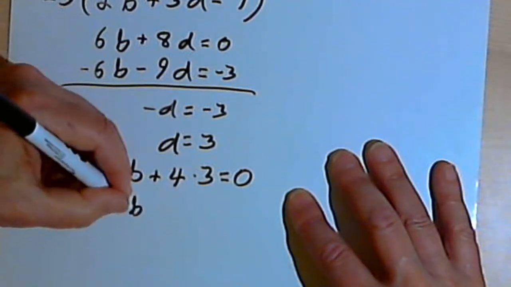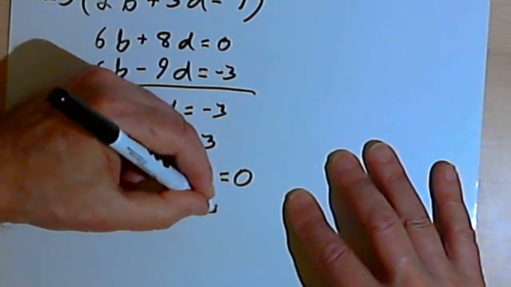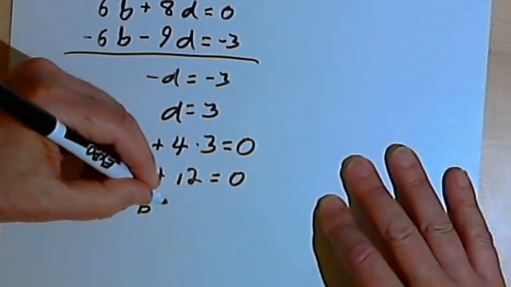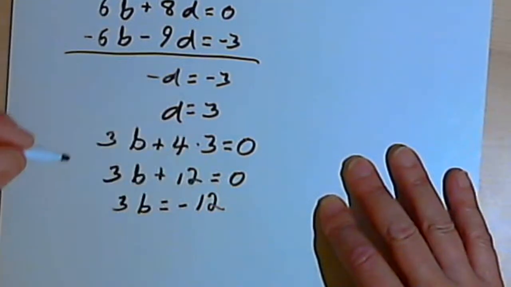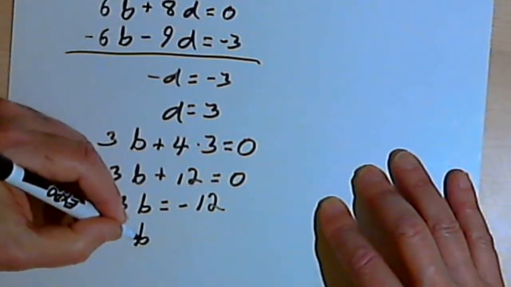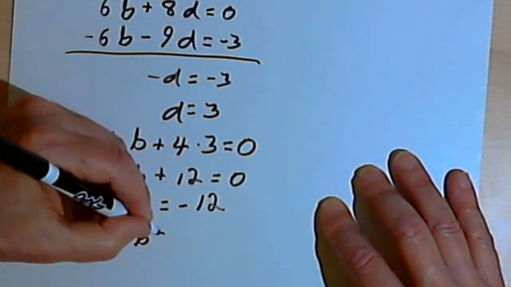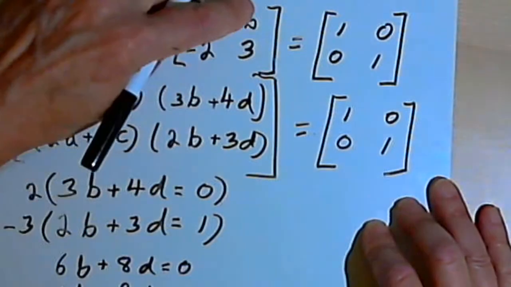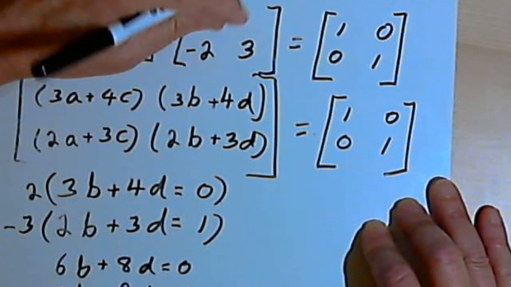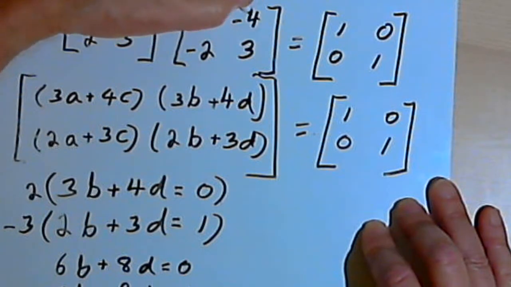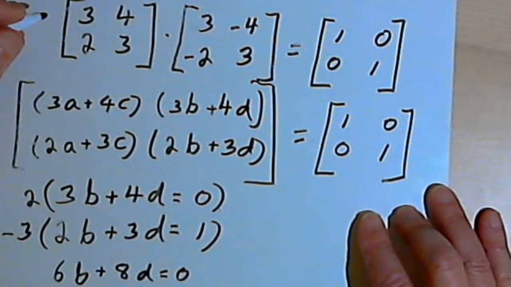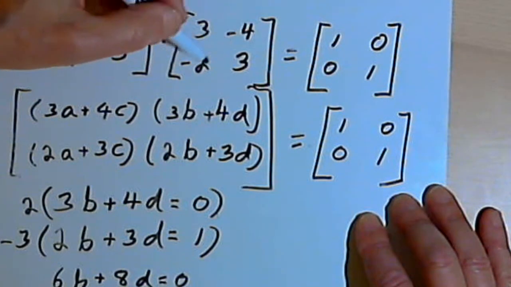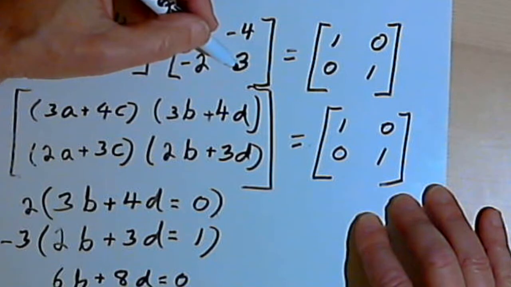So 3B plus 12 equals 0, which means 3B equals negative 12. And then dividing both sides by 3, B would have to equal negative 4. Okay, so B is negative 4. So it looks like I found my inverse. My inverse should be 3, negative 4, negative 2, and 3.